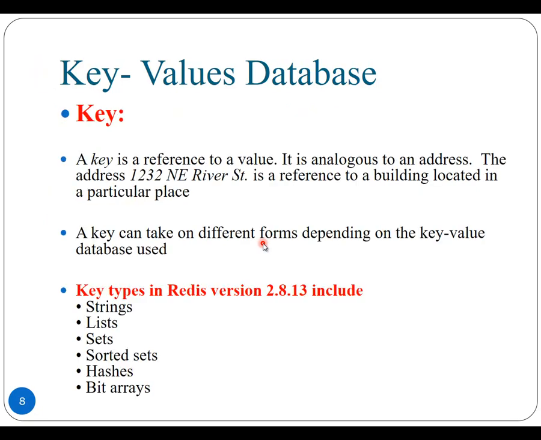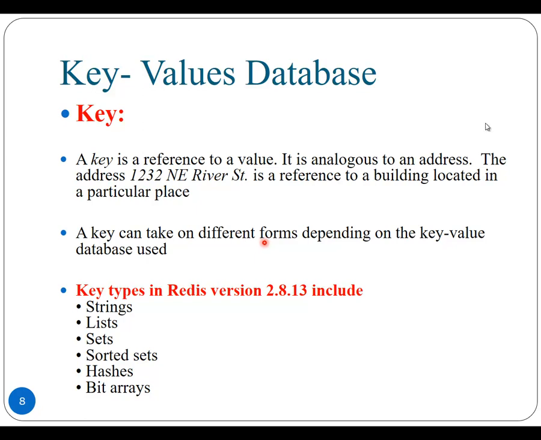Okay, a key is a reference to a value. It is analogous to an address. For example, the address 1232 NE River Street is a reference to a building located in a particular place. A key can take on different forms, depending on the database.